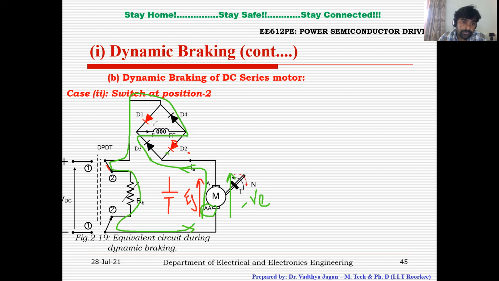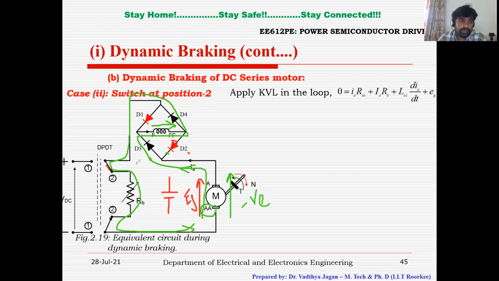And if you see the current in the field winding, it is from F to FF, the same as in the previous case. So we are not changing the direction of field current. With the help of this diode bridge, we are maintaining the field current always from F to FF, right? So what is the torque expression? We just apply KVL.